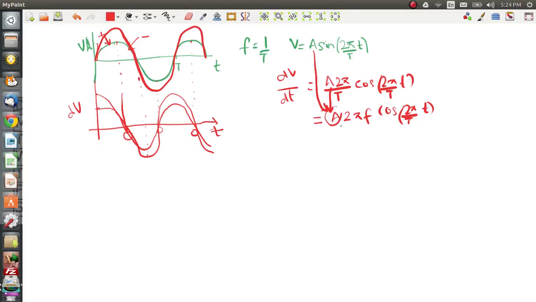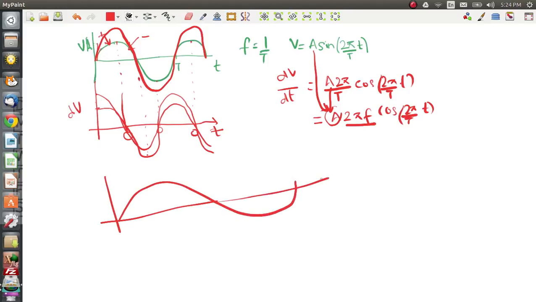Now what about this relation with 2 pi f? Let's look at that also. If I have a waveform that's slow, I'm angling, but I'm getting used to this new tool.